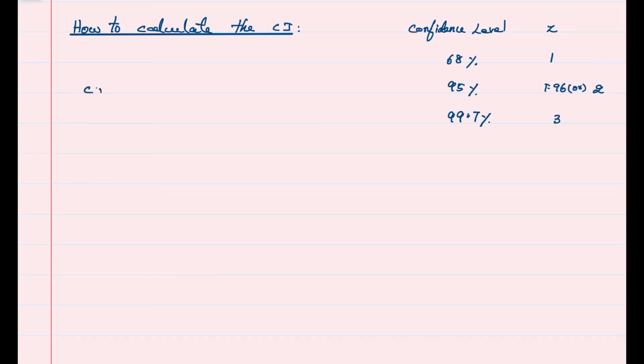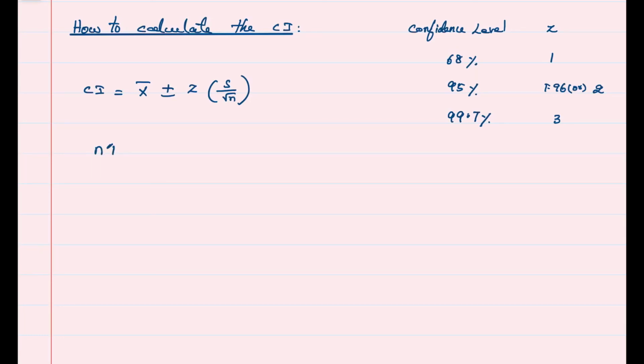So to calculate the confidence interval, the formula is x bar plus or minus the required z-score times s by root n, where x bar is the sample mean and s is the sample standard deviation. Or if population mean and standard deviation are known, we can use them in the calculation.